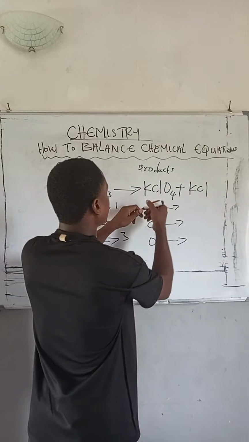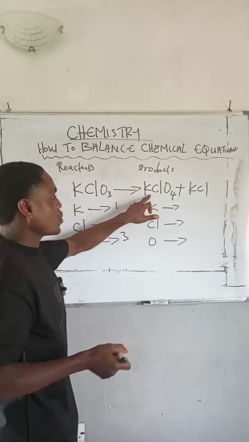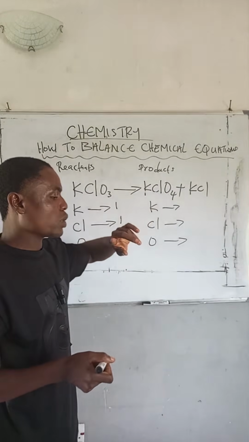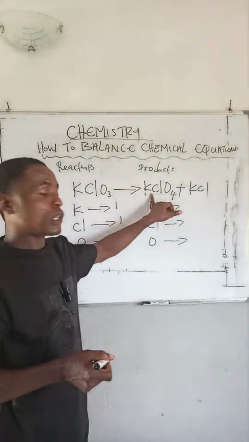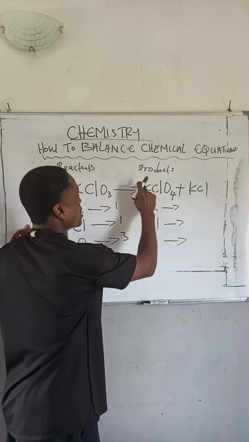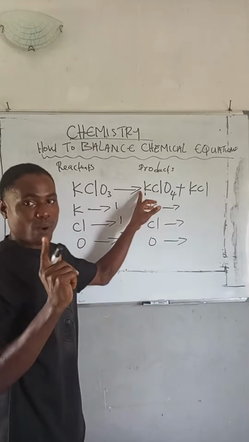So meaning that we have one here. I told you guys, any chemical equation, any compound or element where you are not seeing any number at the back side, it is what? One.